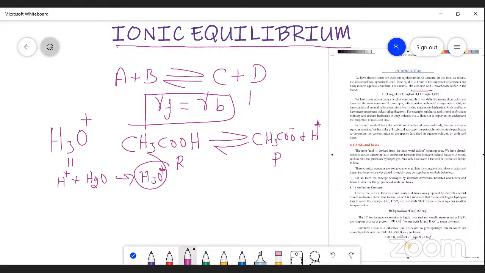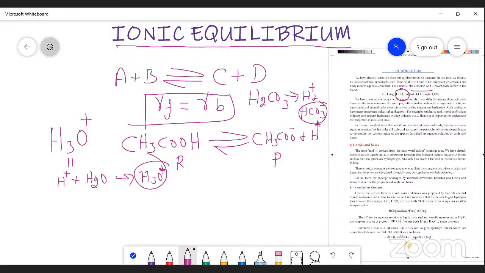This is carbonic acid, H2CO3. When it releases the H plus ion, it forms HCO3 minus. This is called bicarbonate. In the blood this ionic equilibrium exists. If you write hydronium ion plus bicarbonate, you get carbonic acid plus water.